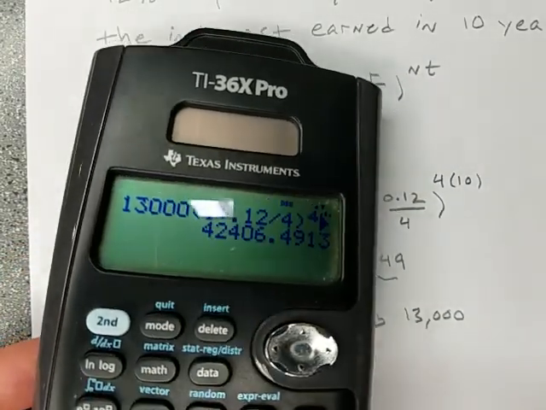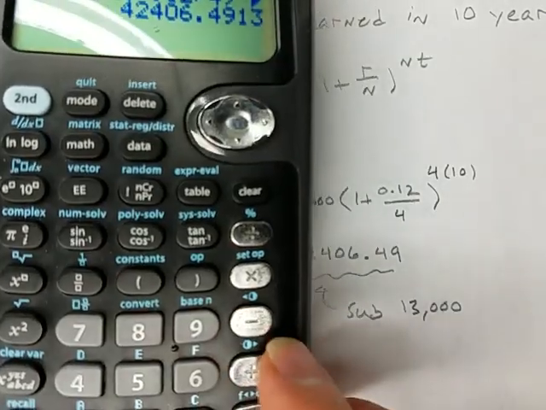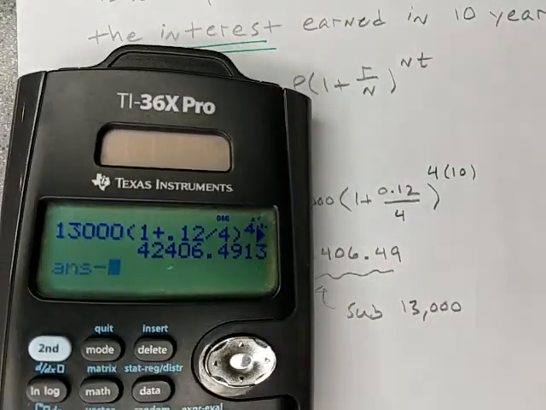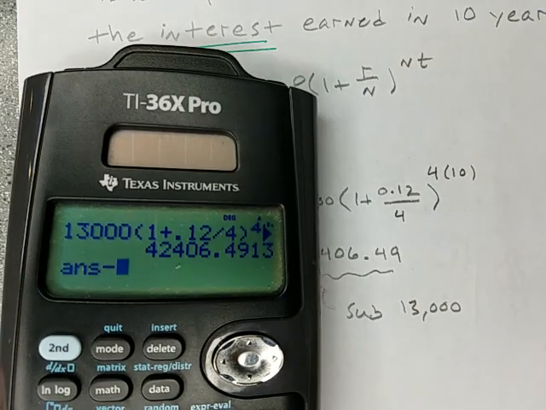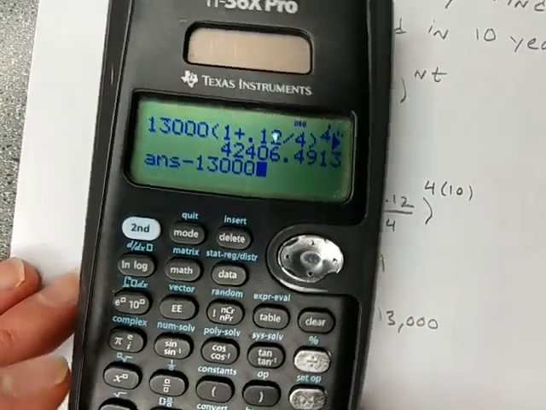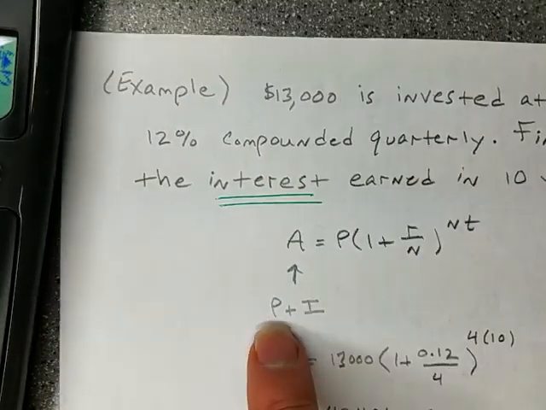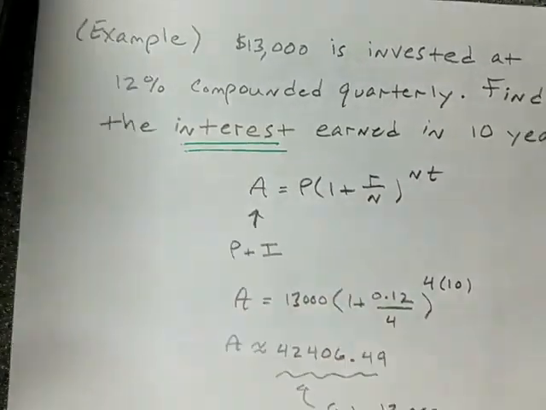That shouldn't be too hard to do. Remember, in my calculator, and I think most calculators, if I just press minus, it assumes you want this number minus whatever you type in, 13,000 in my case. I'm going to subtract the amount that I started with, and that will leave me the interest that I earned, and that's what I want to know in this case.